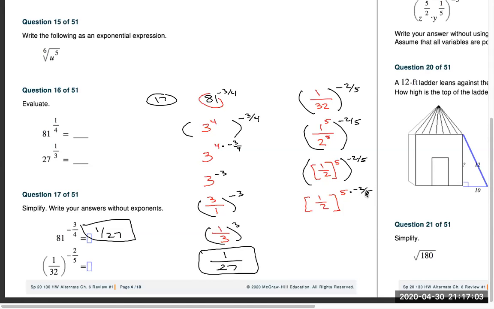So 5 cancels with 5. You have 1/2 to the negative 2, which becomes 2/1 squared. And that is going to be 4.